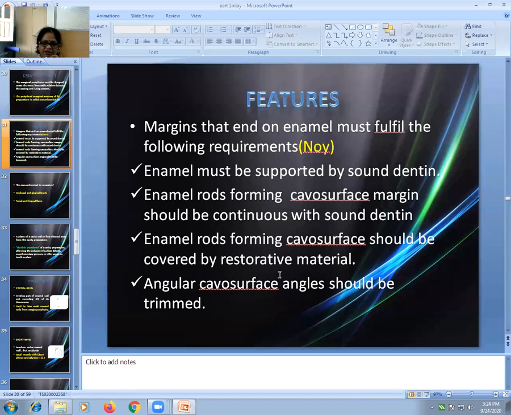Whenever you think of giving the circumferential type feature, there are certain principles which are followed. Enamel should always be supported with sound dentin. Enamel rods forming the cavosurface margin should be continuous with the sound dentin. Enamel rods forming the cavosurface margin should be covered by the restorative material.